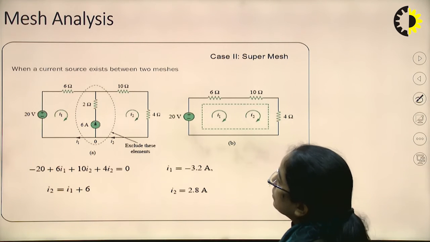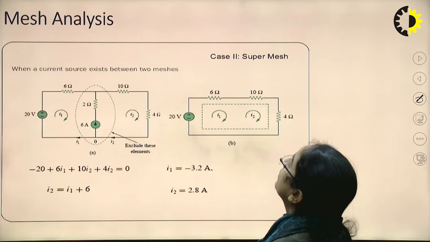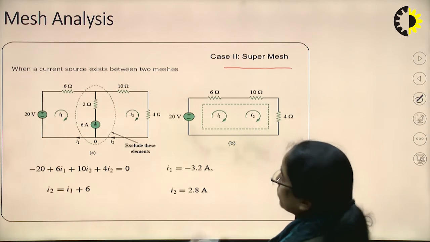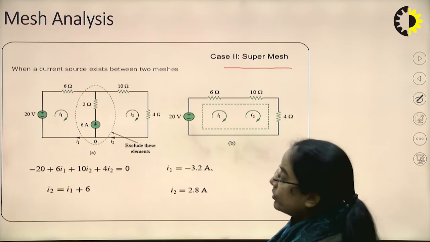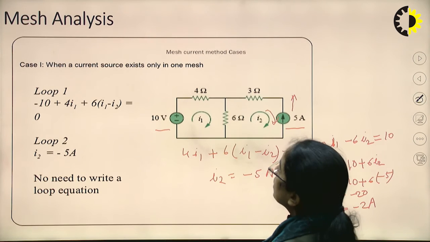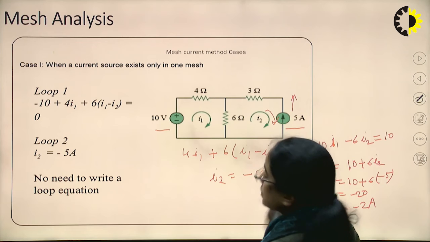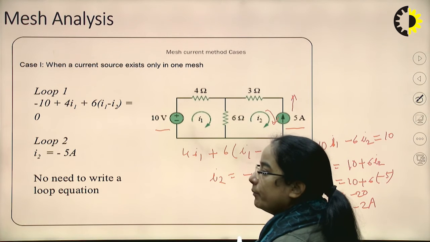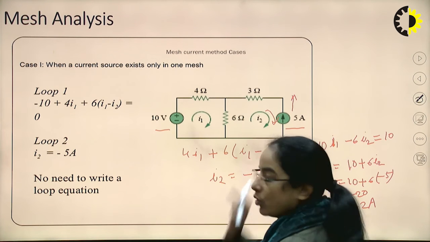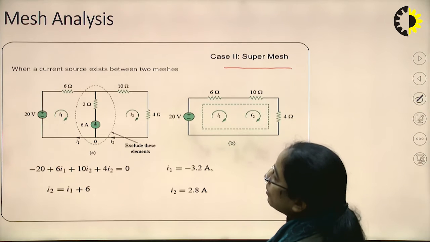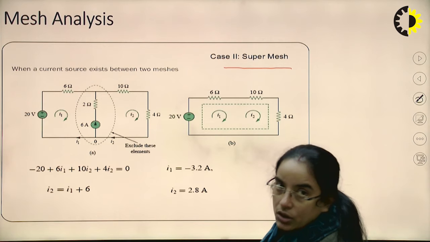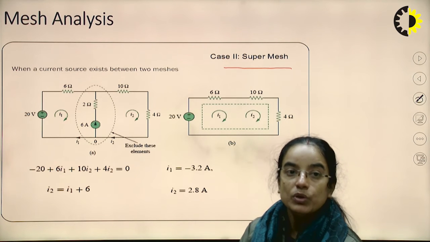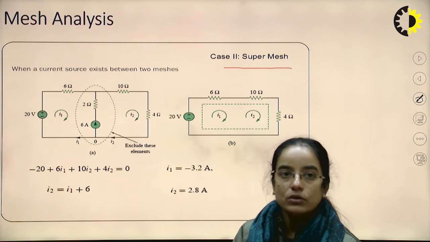Now see here, this is the example where the concept of super mesh will come. In the earlier case, a current source is there in the mesh, but it is not in the common part. But here a current source is there in the common part. So when a current source exists between two meshes, this is called a super mesh.